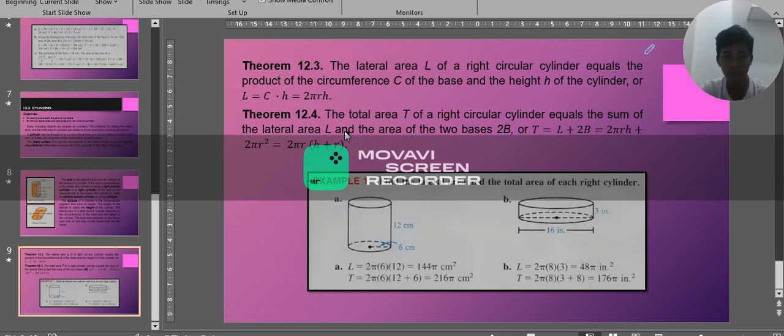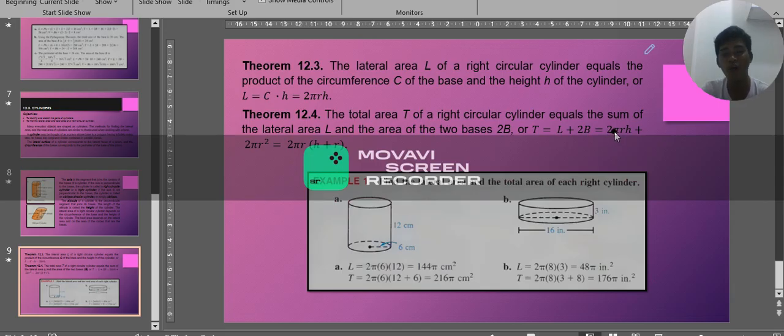Now, let's talk about theorem 12.4. According to theorem 12.4, the total area T of a right circular cylinder equals the sum of the lateral area L and the area of the two bases. So, same with prism, T is equal to L plus 2B. The concerning part is the pi with r and h.